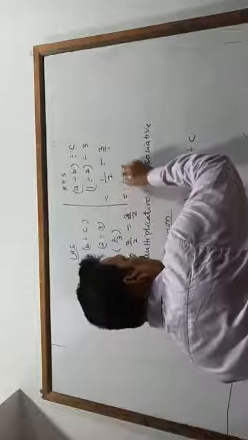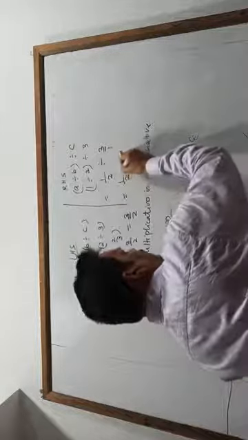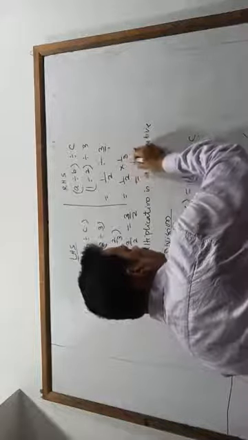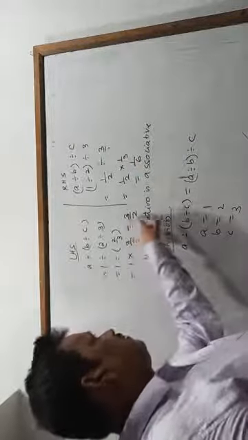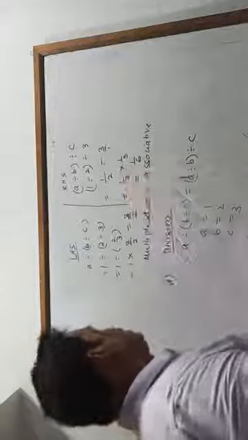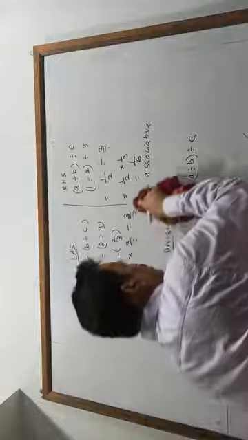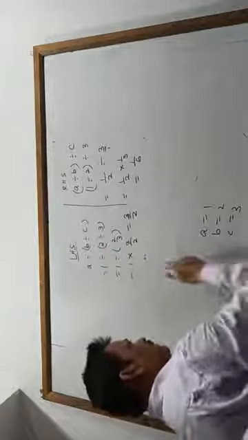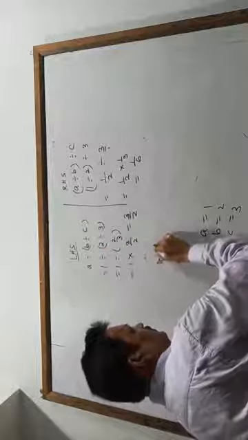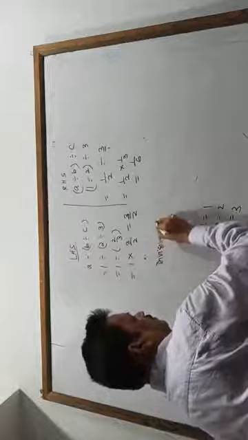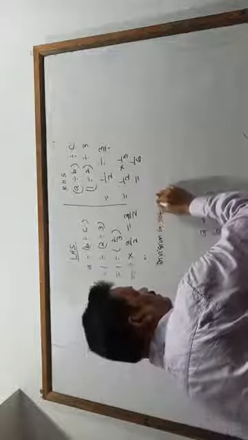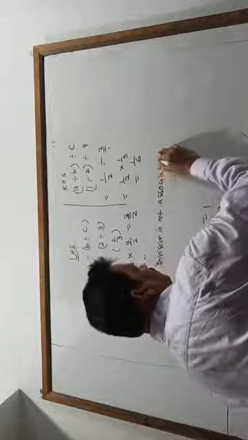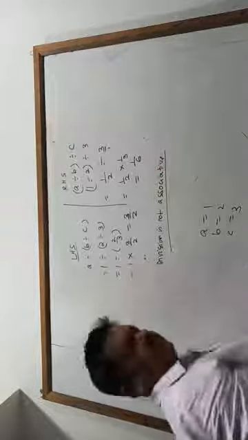That is 1 by 2 into 1 by 3. How much? 1 by 6. Look at, this is 3 by 2, this is 1 by 6. So division is not associative. Okay.